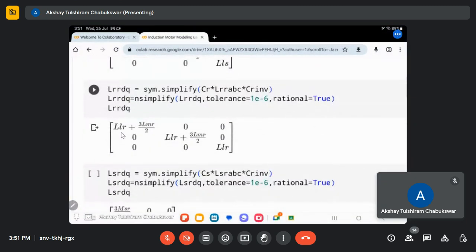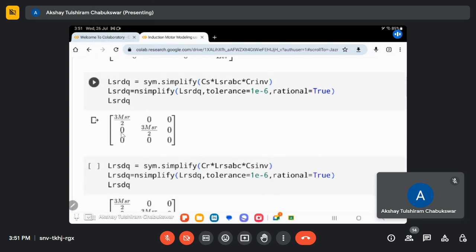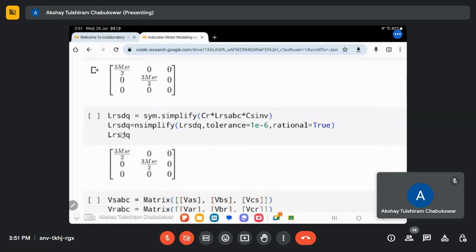So LRR dq is fine. LRR dq is simplify of CR into LRR ABC into CR inverse. Similarly, what is LSR dq? LSR dq is CS into LSR ABC into CR inverse, which is nothing but C dq0s into LSR into C dq0R inverse. What is it?